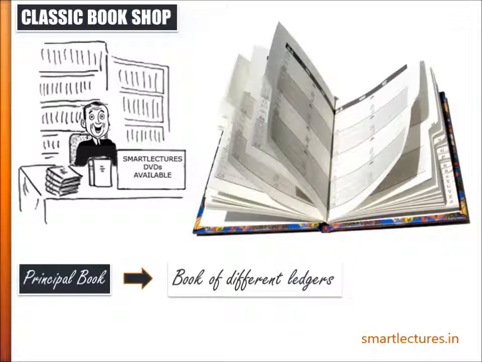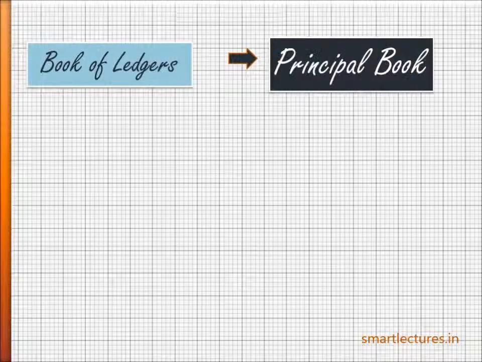So this is the format of a telephone diary, and the book of the ledgers is just like the same, but the printing of lines or printing of different columns is different. And the book of ledger is called principal book.